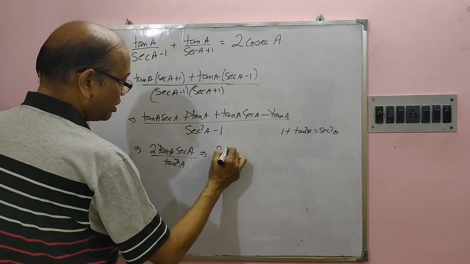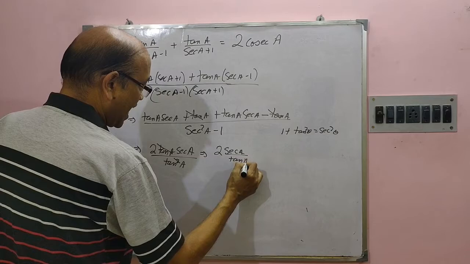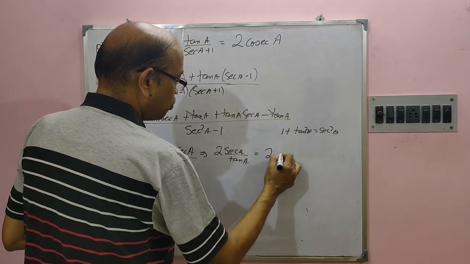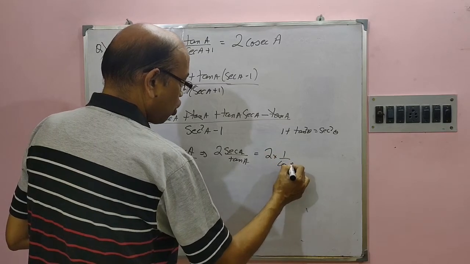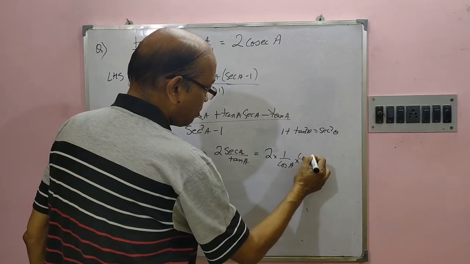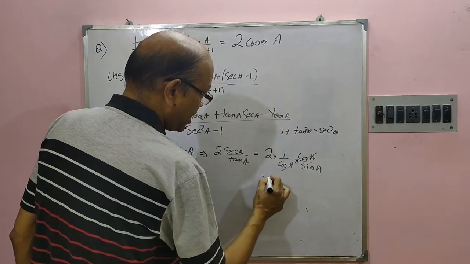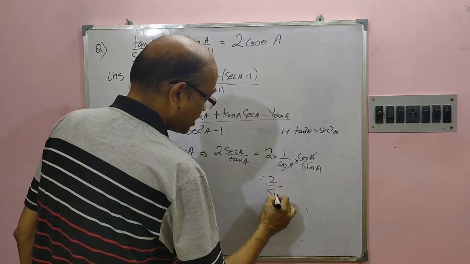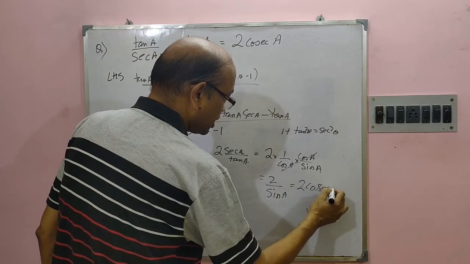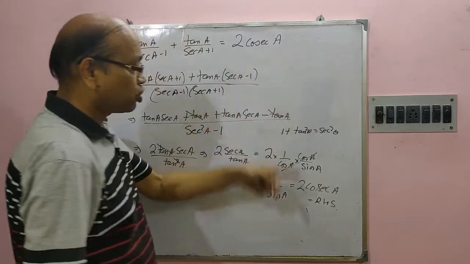So what I get here is 2 secant A by tan A, and that is equal to 2 into 1 by cos A into sin A by cos A. Cos A goes up here, here it is sin A. So this gets cancelled. I get 2 by sin A, which is equal to 2 cosecant A, which is your RHS, right hand side. It's proved.